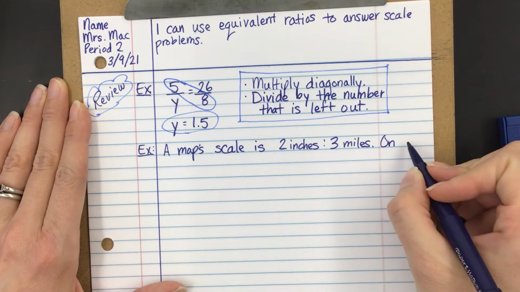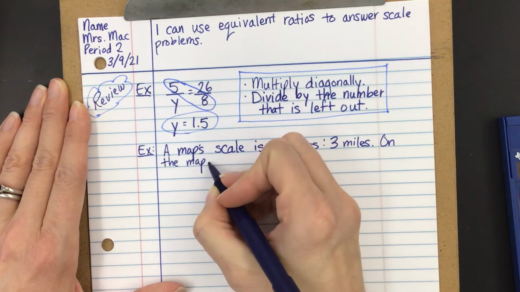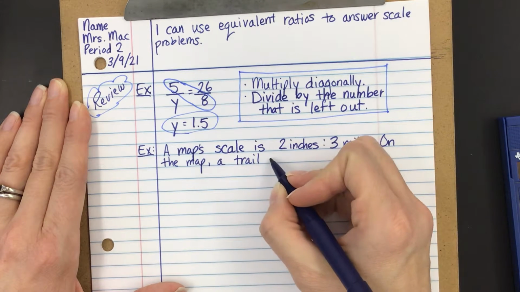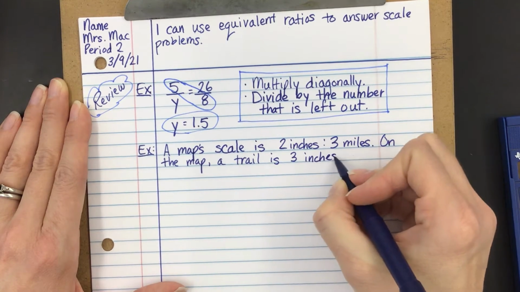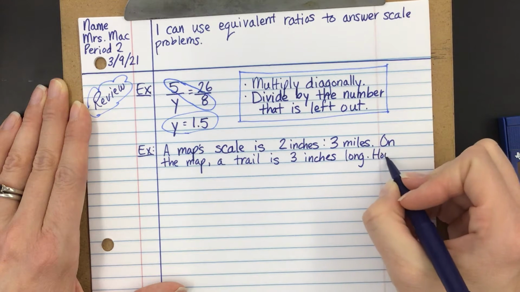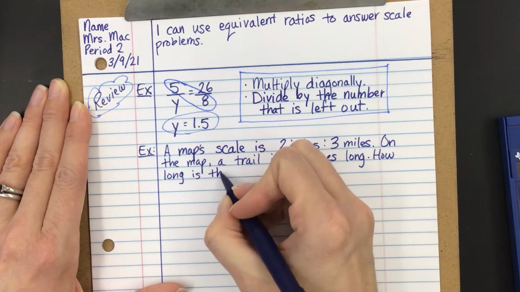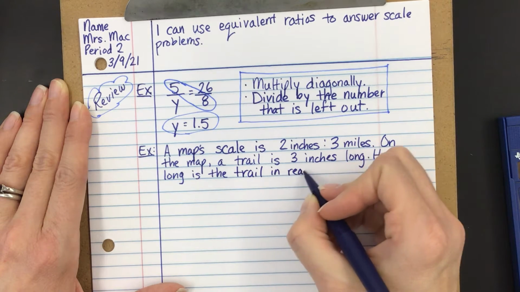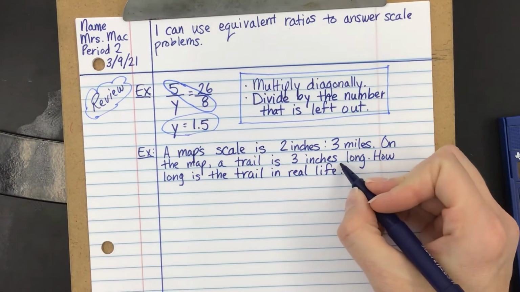So on the map, a trail is 3 inches long. How long is the trail in real life? Okay. How long is that trail in real life?